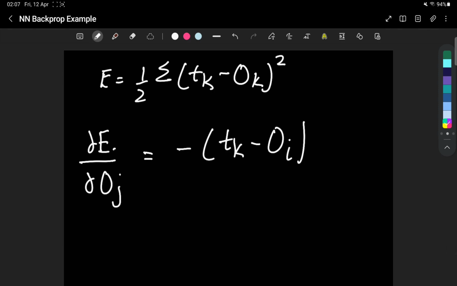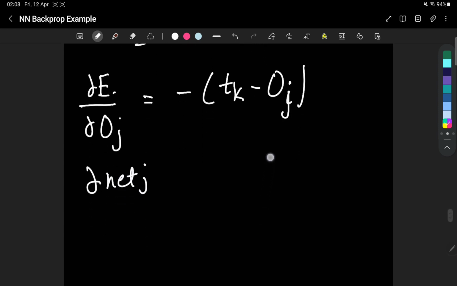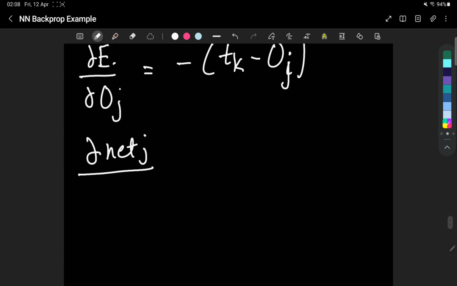You can also say j. So this is with respect to j, primarily, if I have to calculate it with respect to j. So this is what this partial derivative would be. The next is the partial derivative of net_j with respect to the weights, which you also have to do with respect to w_ij.